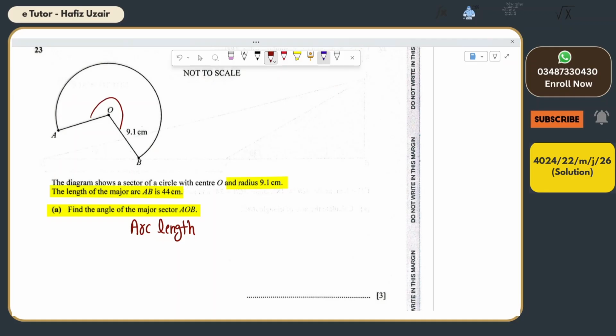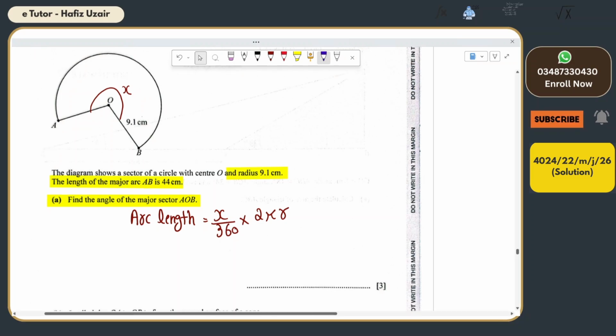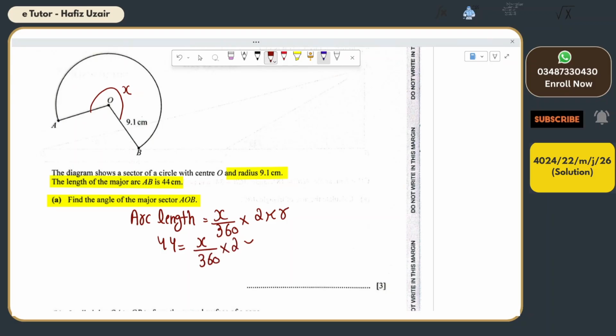let's say this angle over here is x. So it is x over 360 times 2 pi r. All right, now what is the arc length over here? So the arc length is 44, which is equal to x over 360 multiplied by 2 times pi times 9.1.